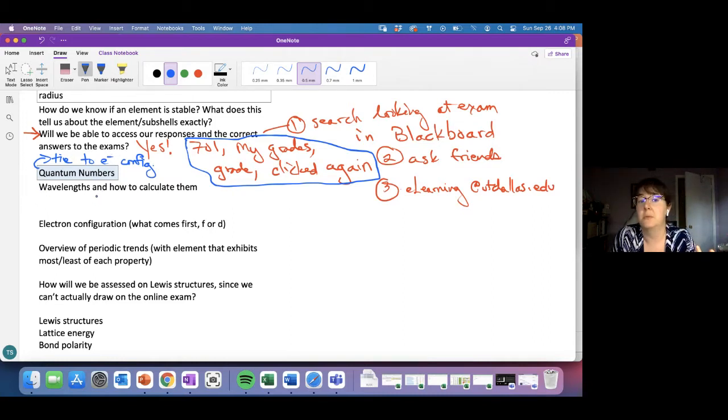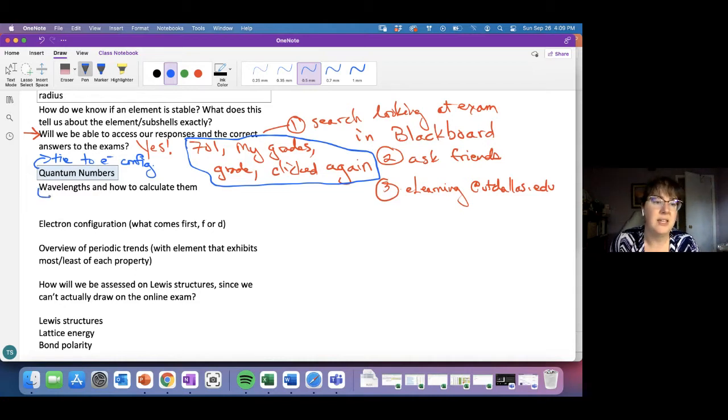Quantum numbers are tied beautifully to electron configuration, so if those gave you trouble on the first exam, you might still want to brush up on them. We will actually talk about those this evening.